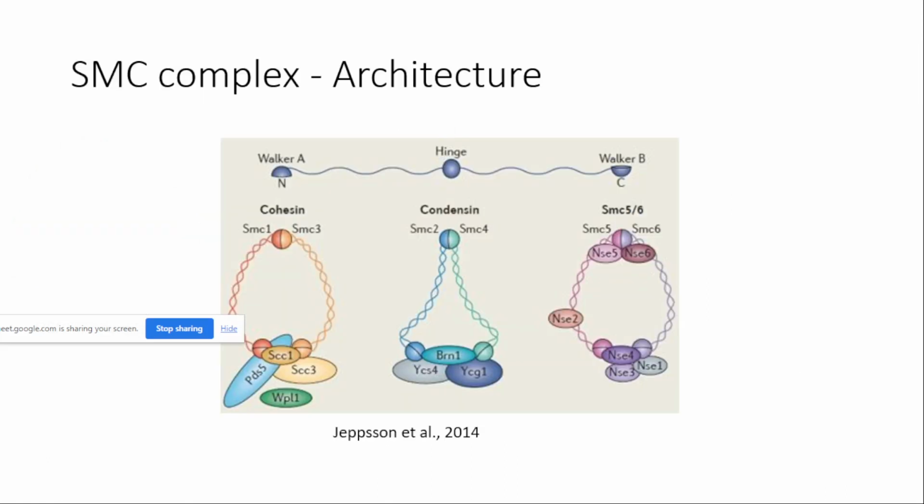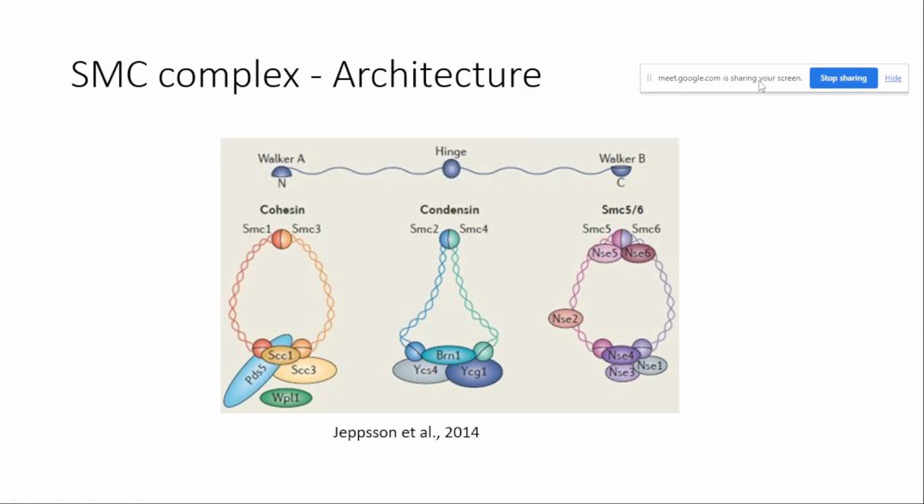Now we will discuss the SMC complex architecture. In this figure, there is the SMC complex structure with an N-terminal Walker A region, then a loop region, then a hinge, then again a loop region, and then a C-terminal Walker B region. After folding, based on the hinge region, this region will come to here.